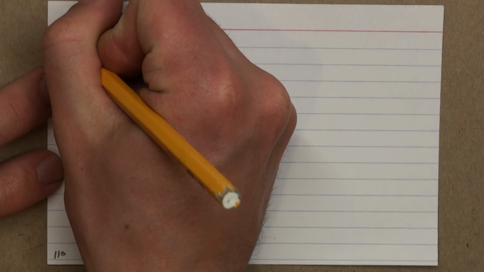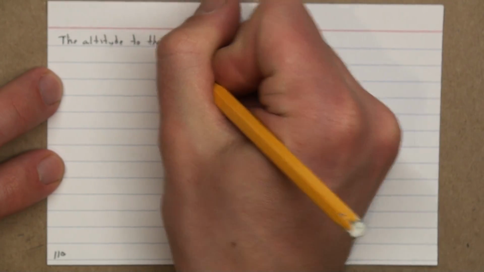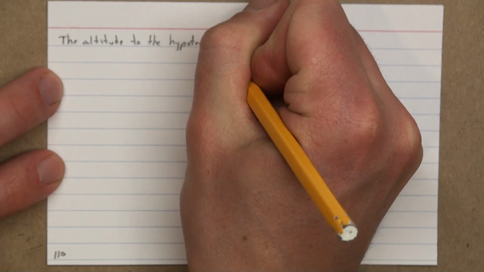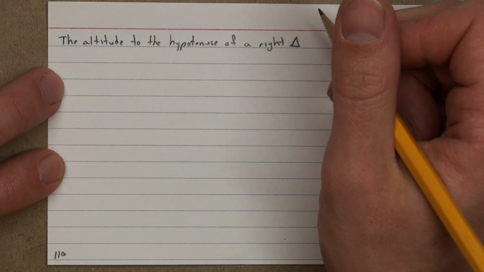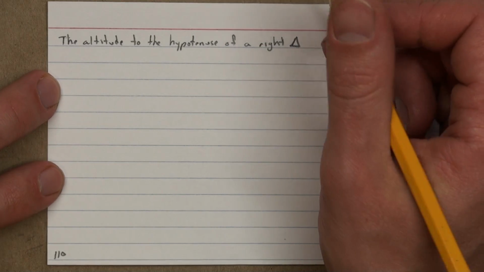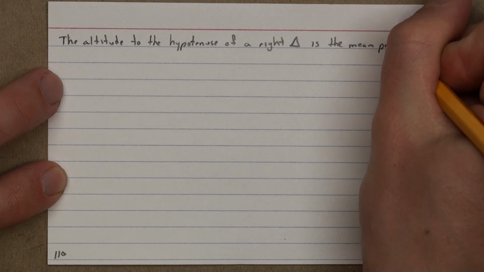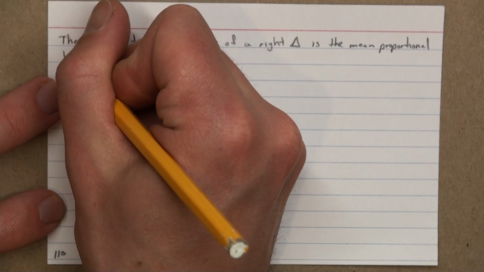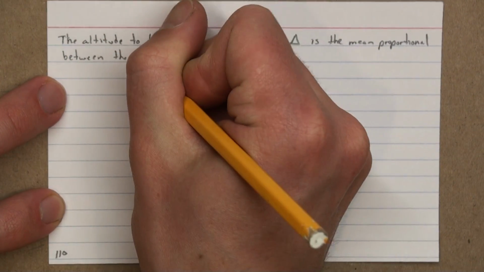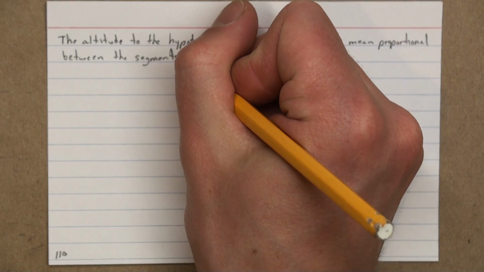Now, the altitude to the hypotenuse of a right triangle is the mean proportional between the segments into which it divides the hypotenuse.